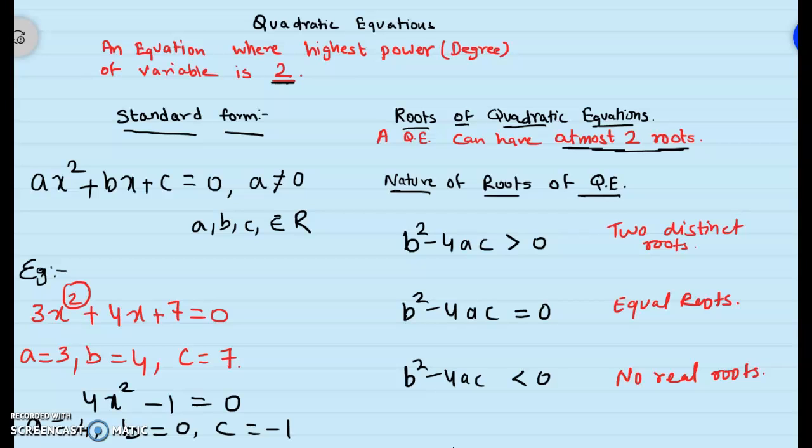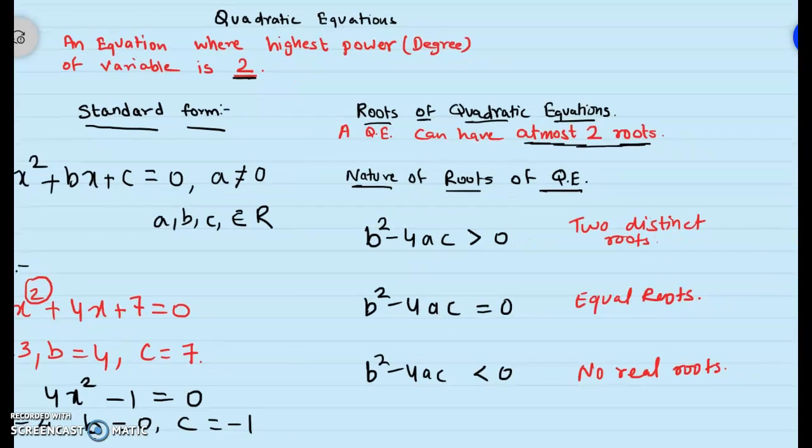Clear? Very simple, guys. To find whether a given quadratic equation has 2 roots, 1 root or no roots, we just have to find the value of b squared minus 4ac.